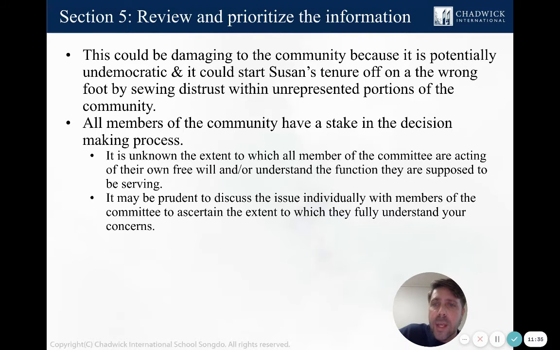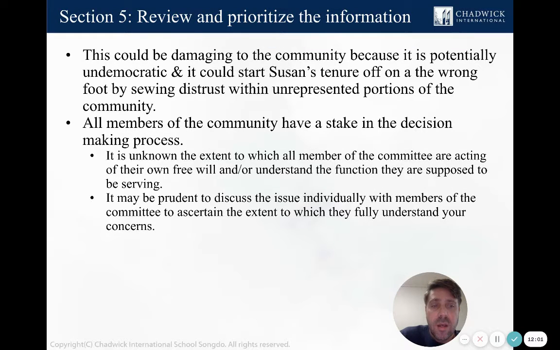So again, all members of the community have a stake in the decision-making process. The building and the way in which the building is going to be run obviously is going to affect a large portion of the community at large. So again, it's still unknown the extent to which all members of the community are acting of their own free will and or understand the function that they're supposed to be serving.